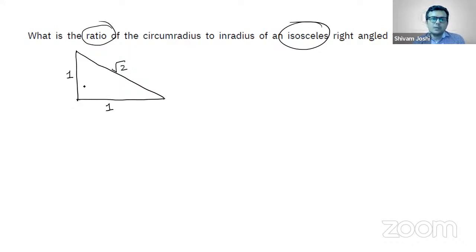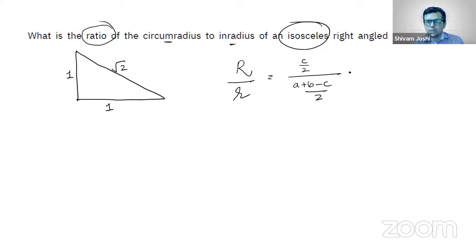So we want the ratio of circumradius to inradius. Circumradius is capital R, inradius is small r. What was the formula for both of them? This was c by 2 and this was (a plus b minus c) by 2. Correct. This 2 gets cancelled out. We can put the values for a, b and c. A is 1, b is 1 and c is root 2.